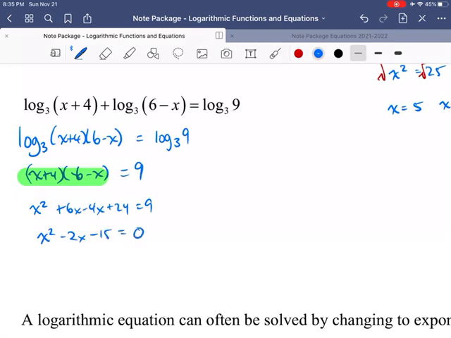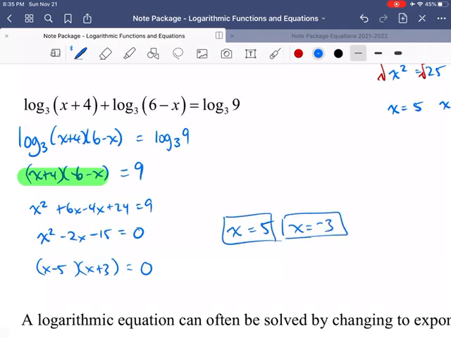Now, if we factor this, we get (x minus 5)(x plus 3). So we have two solutions, x equals 5 and x equals negative 3. Then just put them back into the original equation, and check the resulting logarithms.